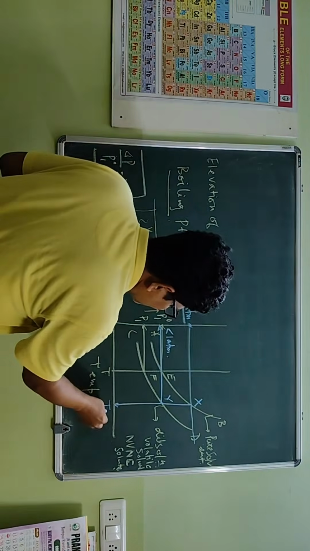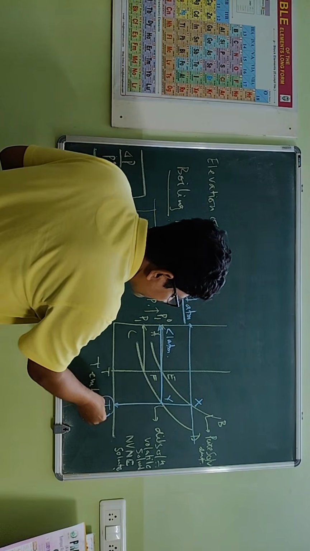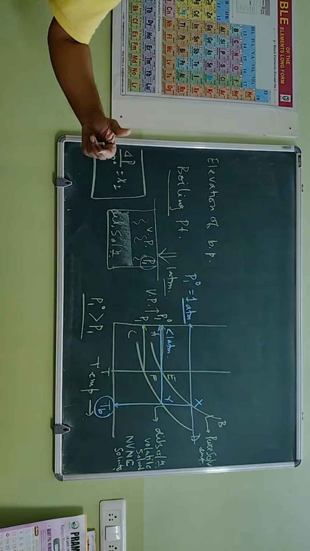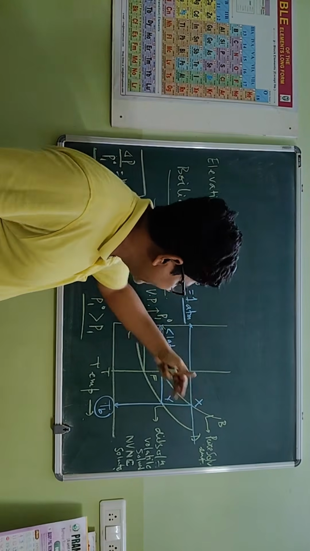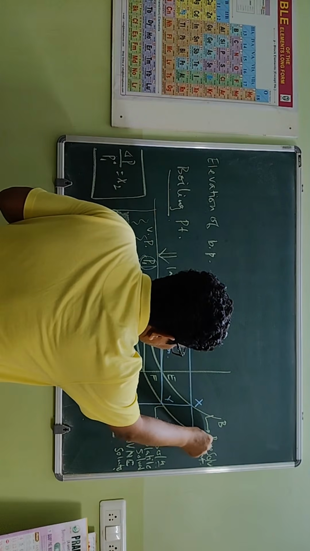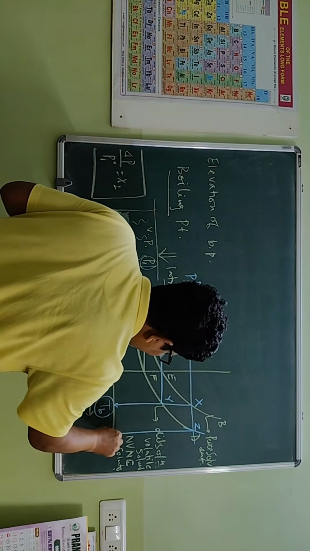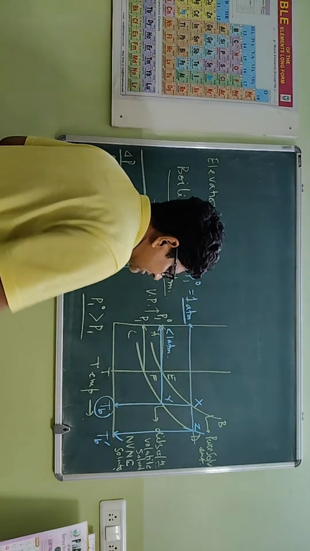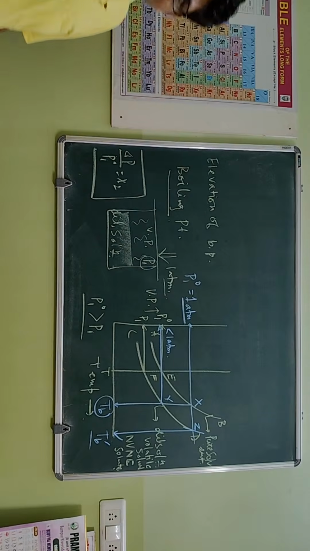So this temperature TB is the boiling point of pure solvent. If we extrapolate this straight line from the 1 atmospheric point, it will cut the CD curve at a point Z, and from Z if we draw a perpendicular on the temperature axis, that will give TB prime. This temperature TB prime is now the boiling point of the dilute solution.